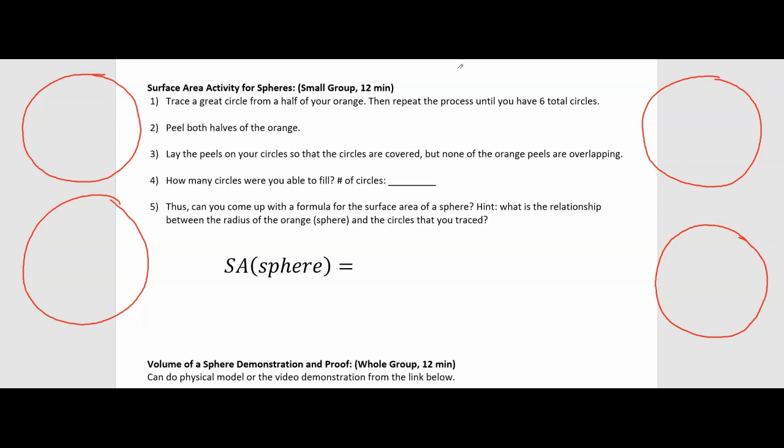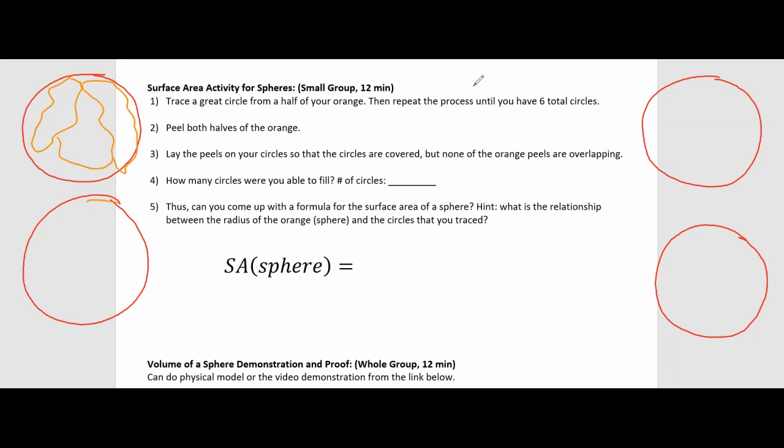Then you would peel the orange. And think about what the peel of an orange represents. If the orange is the sphere, well, the peel represents the surface of the orange, or the surface area. So you would then start laying your peels on these circles. You'd have some peels right here.